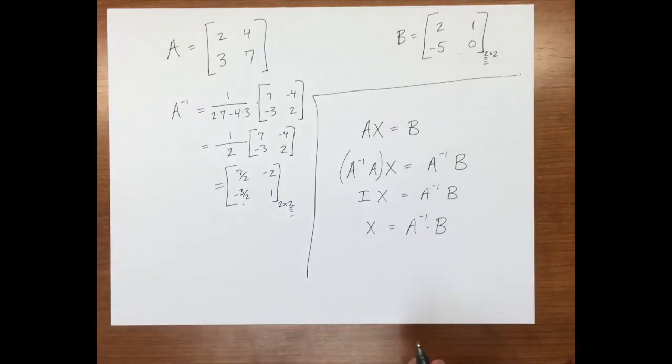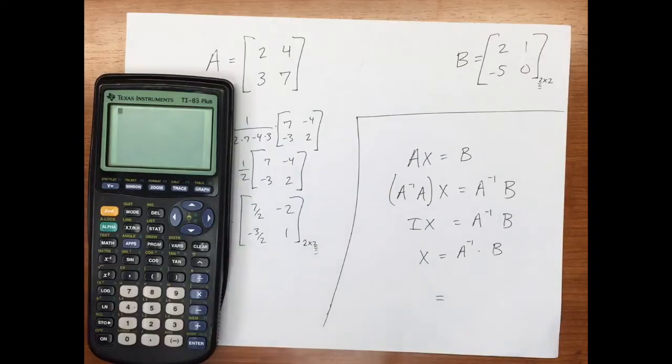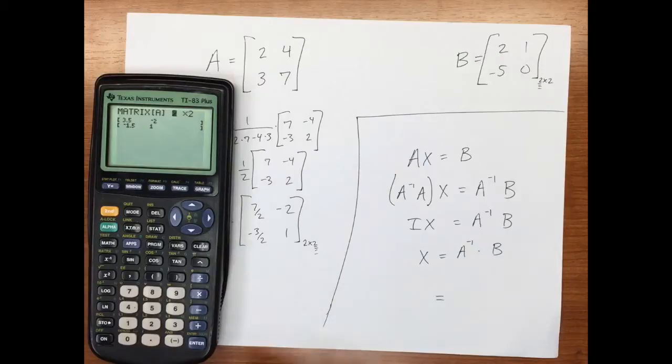And if we go ahead and do this in our calculators, what we'll find, if we go to our matrix commands, is that for matrix A, I have A inverse typed in as the first one, 3.5, -2, -1.5, and 1.